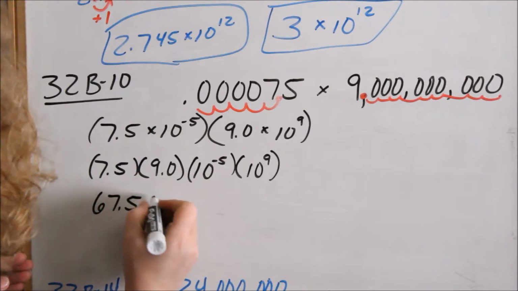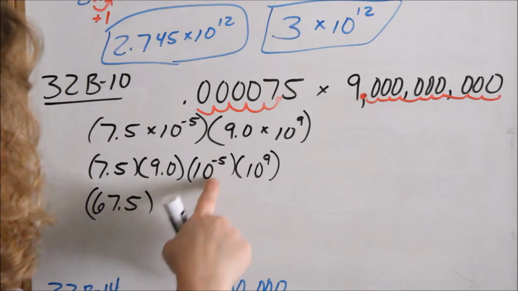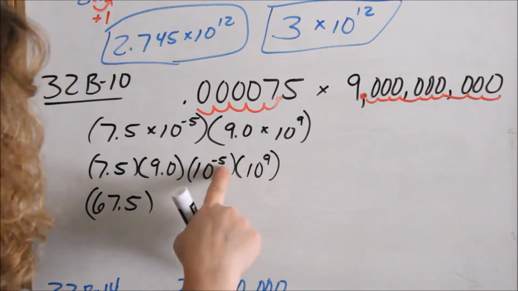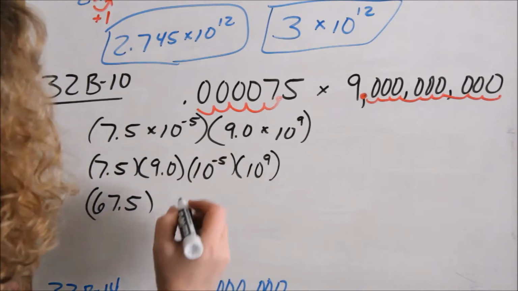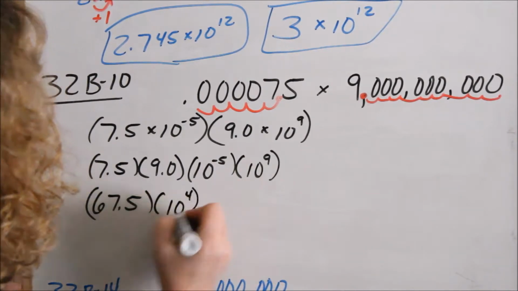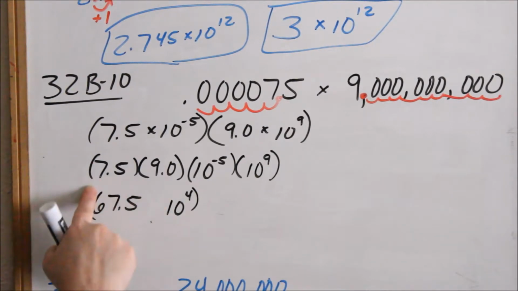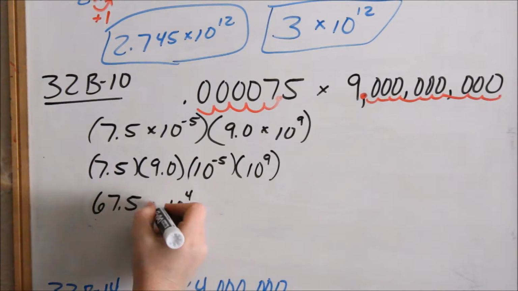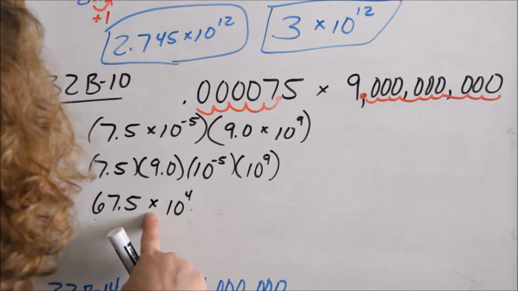And that's times 10 and 10. I'm multiplying, so I add my exponents. A negative 5 plus 9 would be a positive 4. So you have it like that, but instead of writing it like that, I'm going to write it with 67.5 times, because that's generally how you see scientific notation with the multiplication symbol.